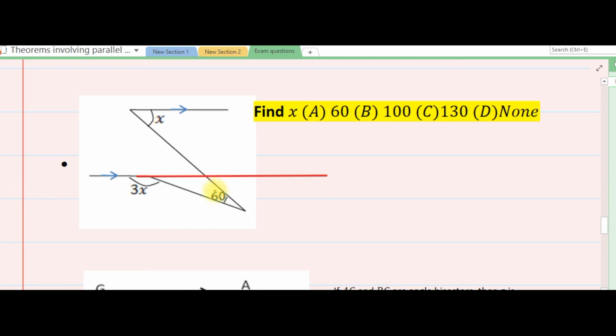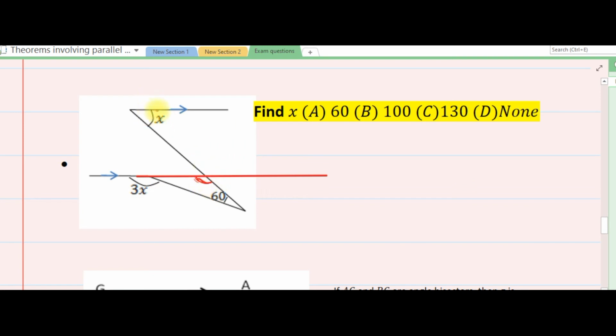So you notice that since I've known this 60, this 3x, once I know this, I've known because this is an exterior angle. So I now use the exterior angle theorem to get it.